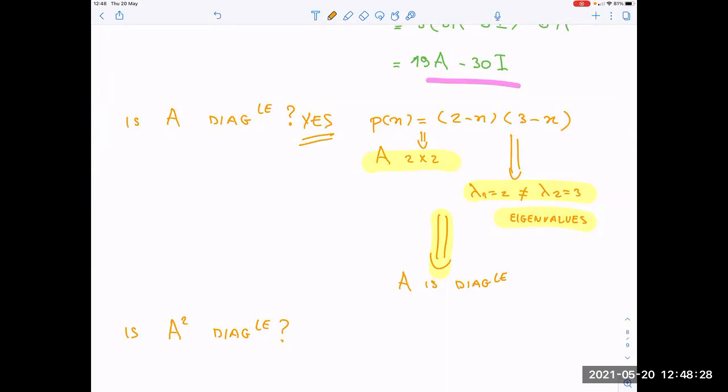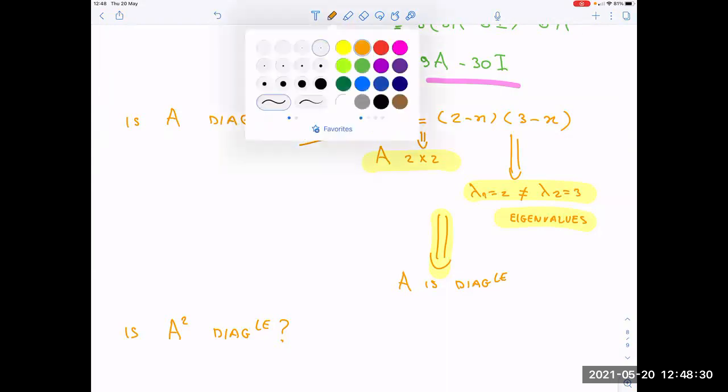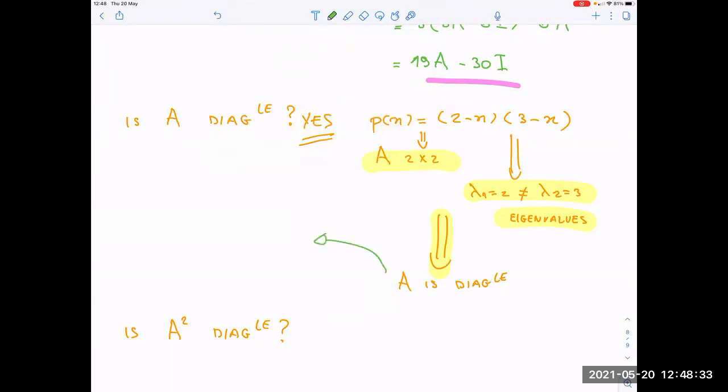Here, let's see. We know that A is diagonalizable, and so it can be written in the form P D P minus 1. Okay, so if you think in this way, then A squared is P D P minus 1 times P D P minus 1, so it is P D squared P minus 1.